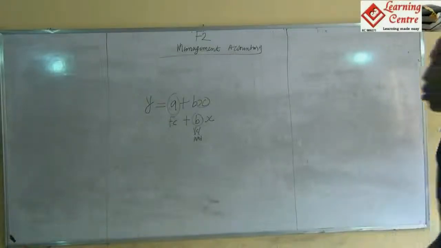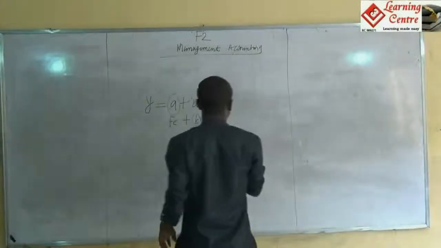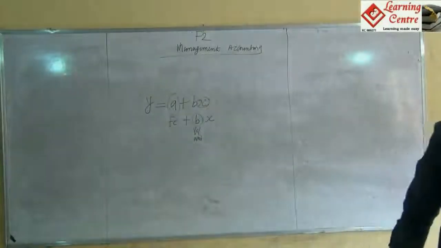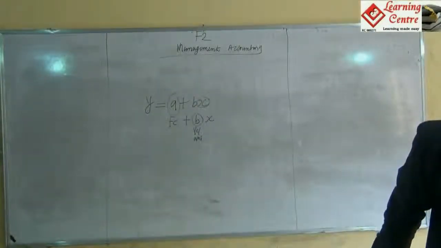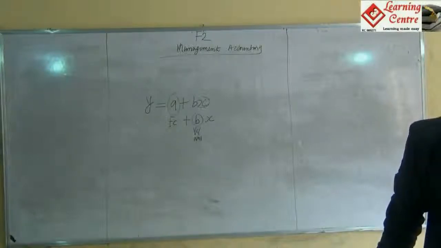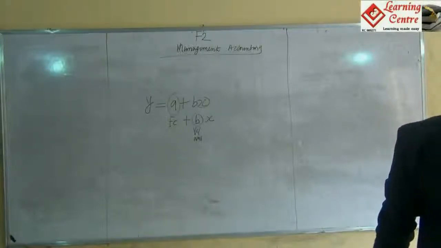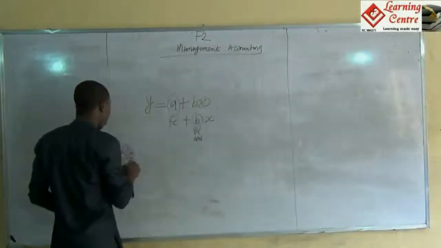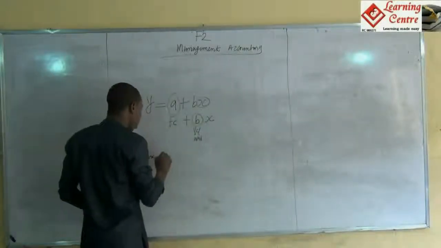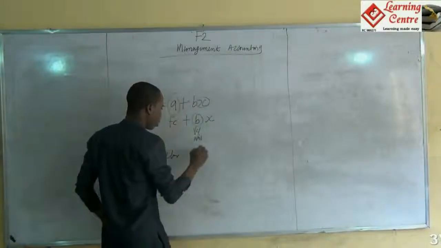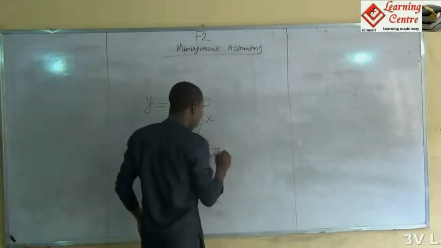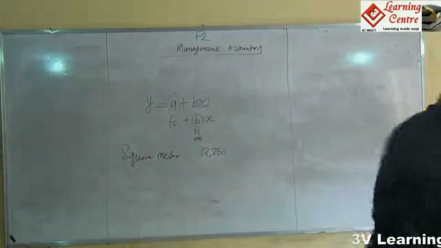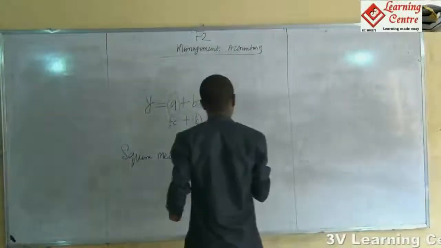Activity level is measured in square meters. You can just write square meters. We have 12,750 square meters and 15,100 square meters.